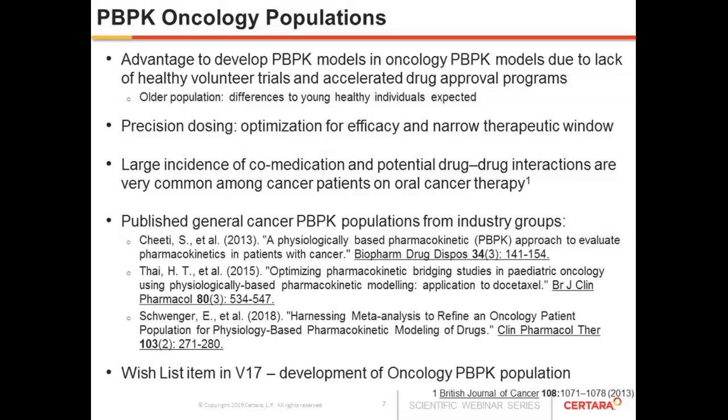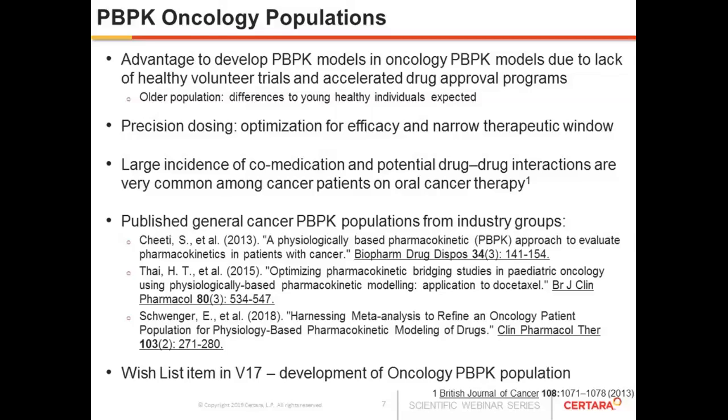That comes down to optimizing efficacy and taking into account that drugs may have a narrow therapeutic window. So essentially it's looking at personalizing that for individuals and different groups of individuals and ensuring that people are getting the right dose.